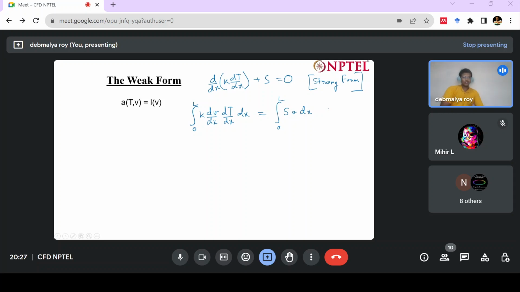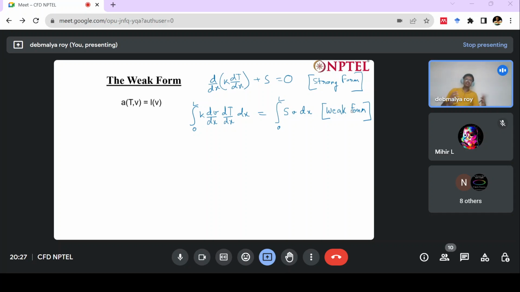Okay. So this form is basically known as the weak form. Why weak? Because this is a solution in a weak sense, or an integral sense. You are not looking for an exact solution of the conduction equation at each and every point.